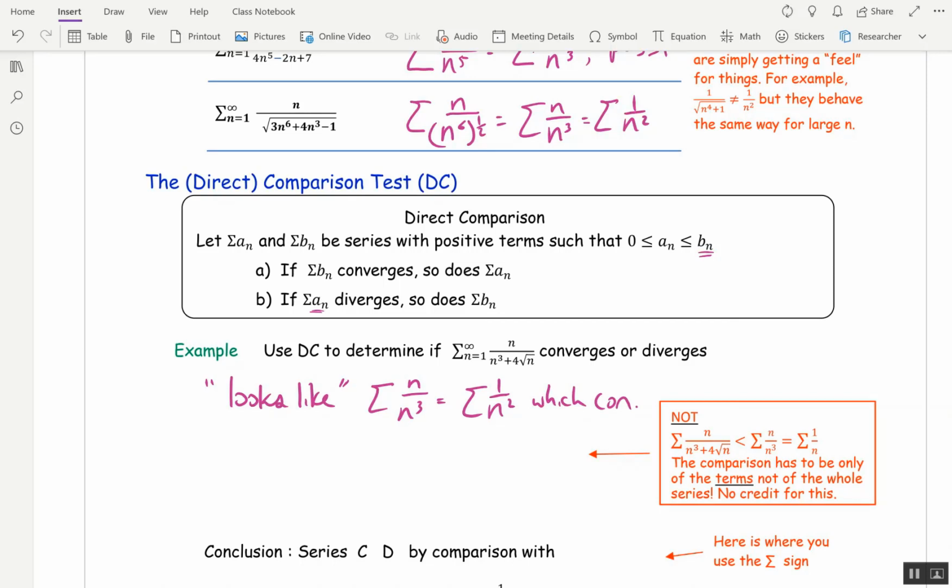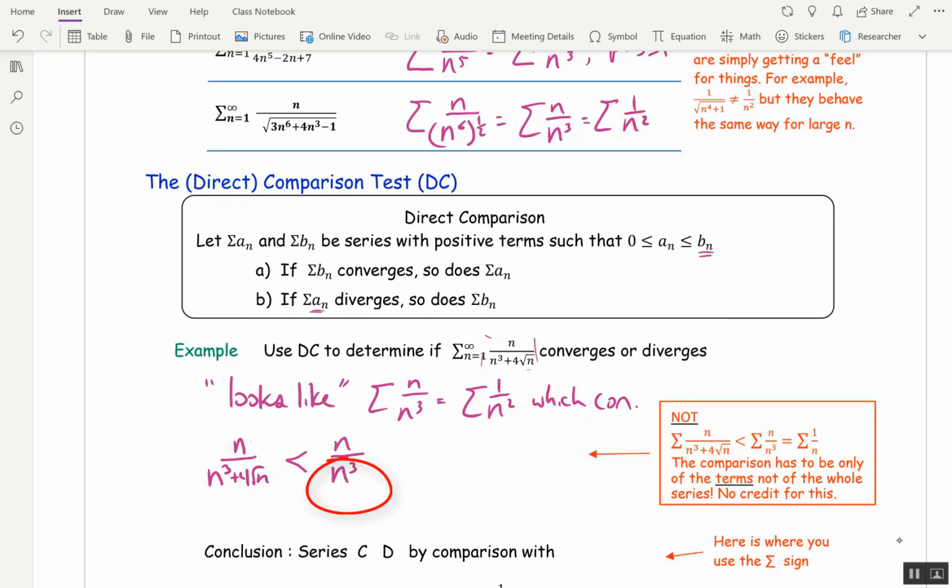So what we have to do is take the terms and show they're less than terms from a convergent series. So pull out the terms without the summation sign, n over n cubed plus 4 root n. We want to show that's less than terms from a convergent series. Well, I can ignore the 4 root n because this denominator is bigger than this denominator.